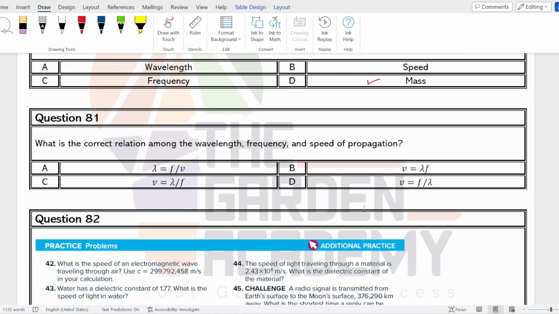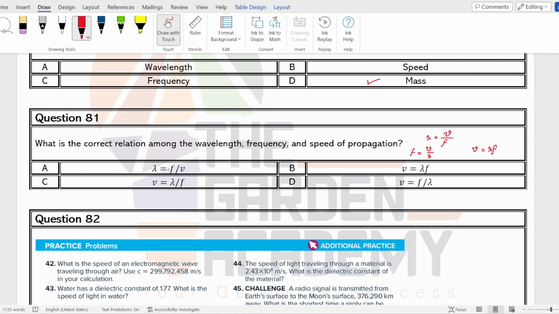Question 82. What is the correct relation among the wavelength, frequency, and the speed of propagation? We know the law is lambda is equal to V over F. We can also write it down as F equals V over lambda, or we can say that V is equal to lambda times F. Let's check the answers.